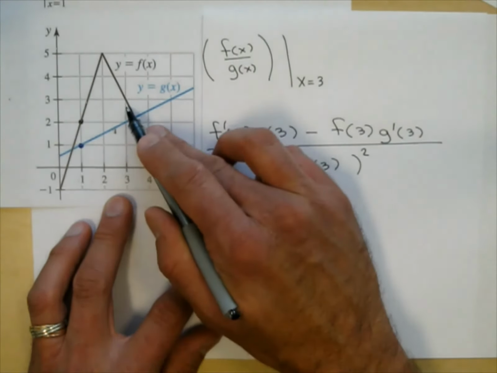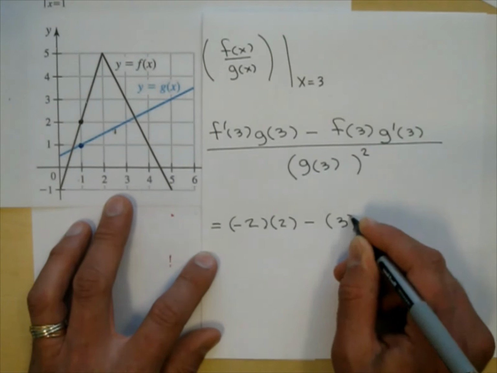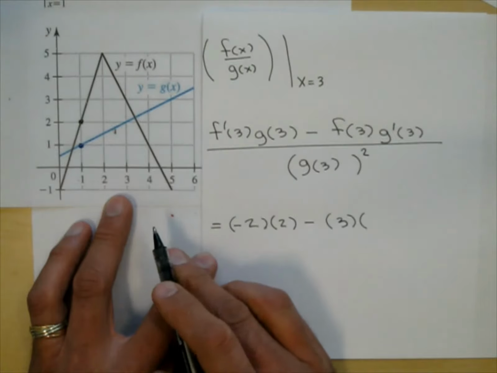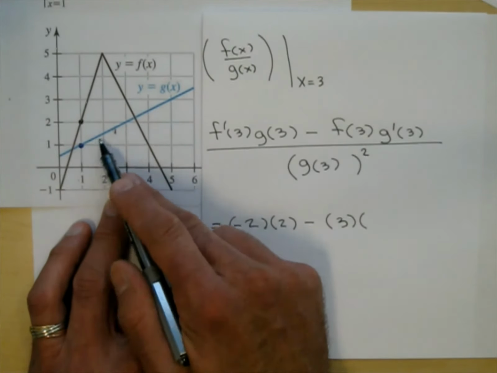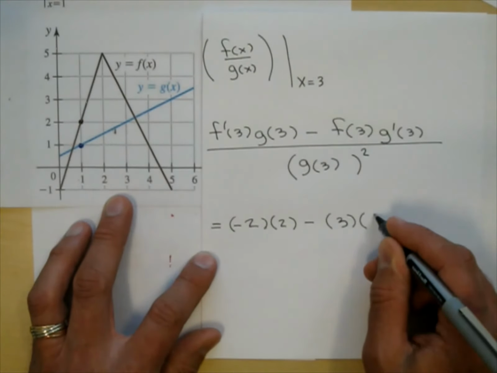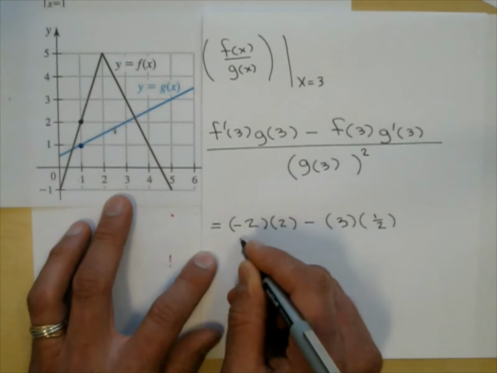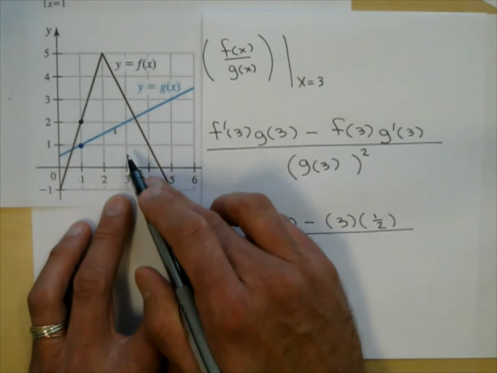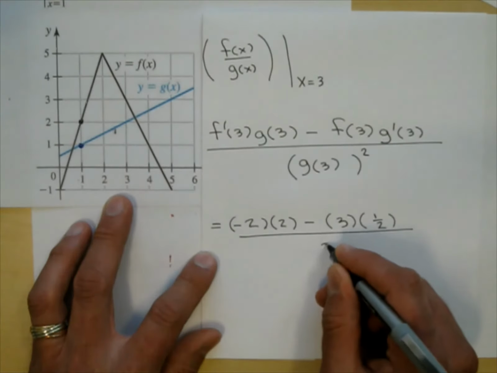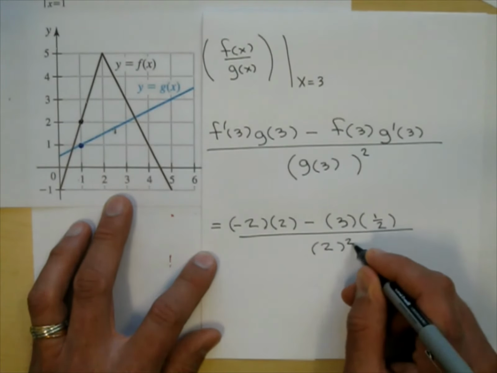F of 3 is 3. And then we have G prime of 3, so the slope of G is actually still 1/2 for the whole thing. So I'm going to put a 1/2 here. This is all over G of 3. G of 3 is 2 squared.